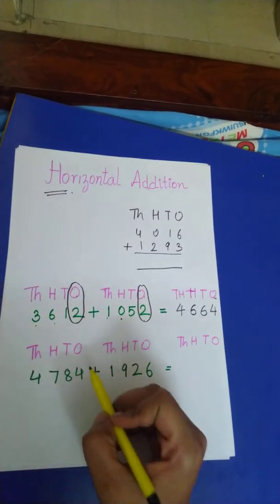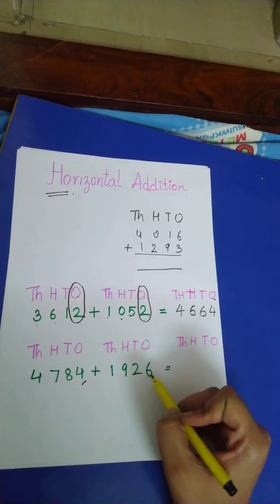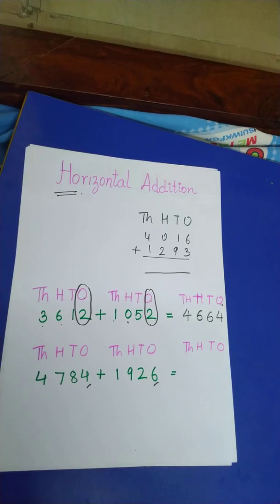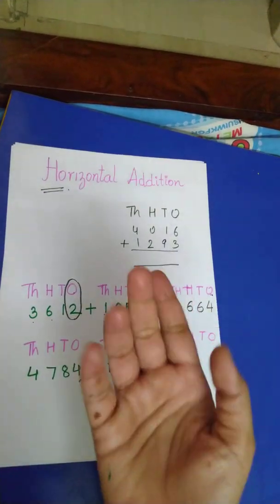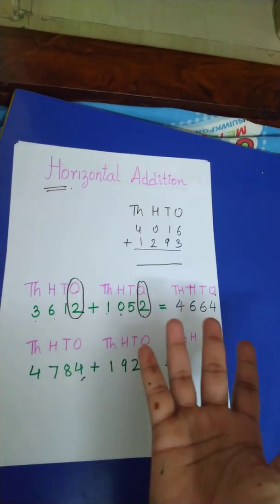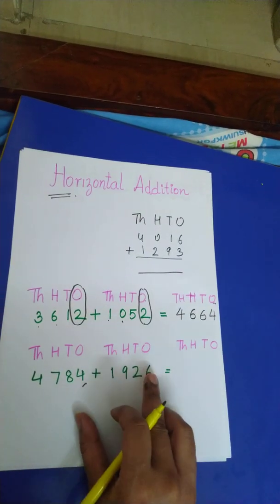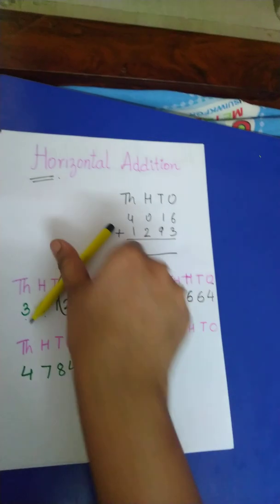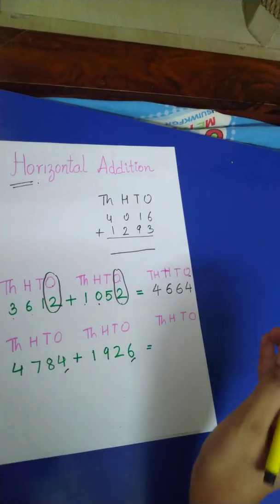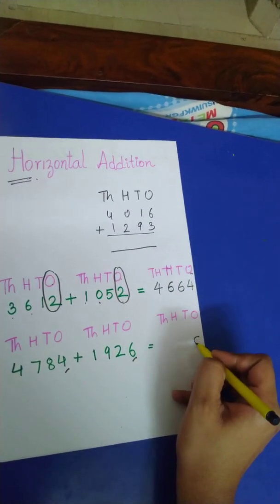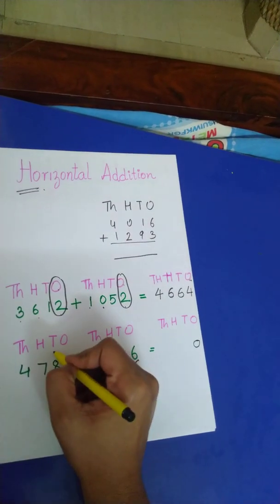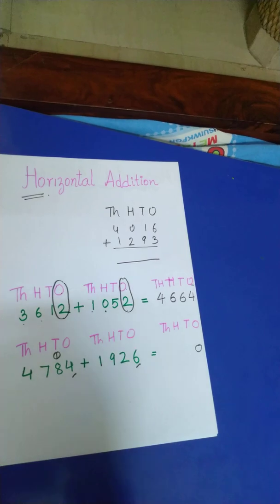Let's move forward. Starting with our ones place, it is 4 plus 6. You have to do it orally, otherwise you can do it with your fingers. So 6 plus 4 is 10. Since 10 is there, we know it is written as 1 0, so we write 0 over here and 1 carryover to tens place.